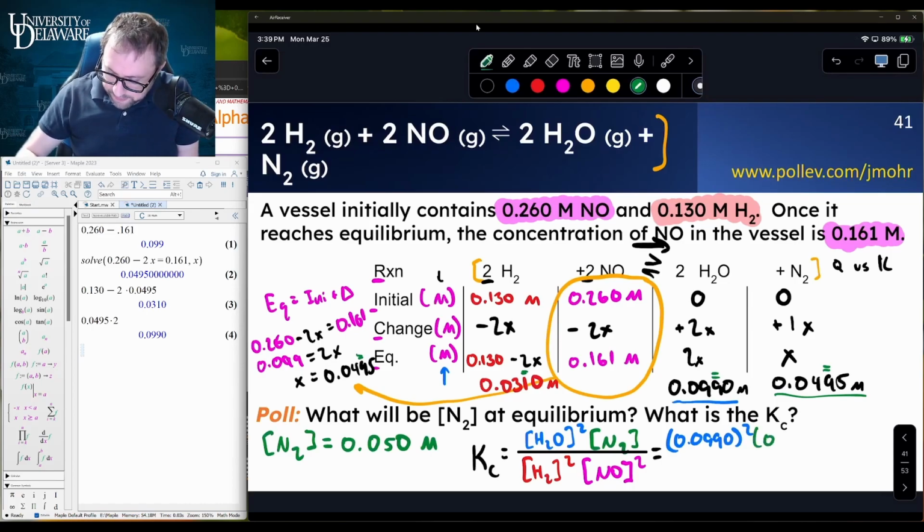We have our 0.0495. That's not squared. And this is why we're not writing those molars in there, because we'll have weird numbers of molars on the top and bottom. And these are, again, they're all divided by 1 molar to make sure that doesn't happen. We have our equilibrium concentration of hydrogen here. That's squared. And our equilibrium concentration of nitrogen, which is also squared.